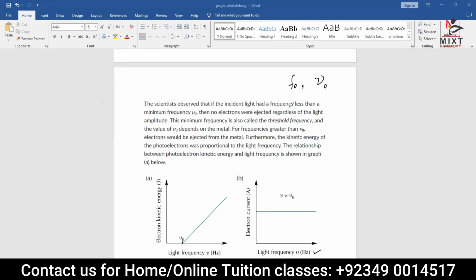Till here, everything understood? Or any questions? Till here, it's okay. So, what have we found out at this point? That our kinetic energy is everything to do with the frequency. But that frequency should have a minimum value. That minimum value would be called the threshold frequency. That threshold frequency will be the minimum frequency required to knock out the electrons from a metal.